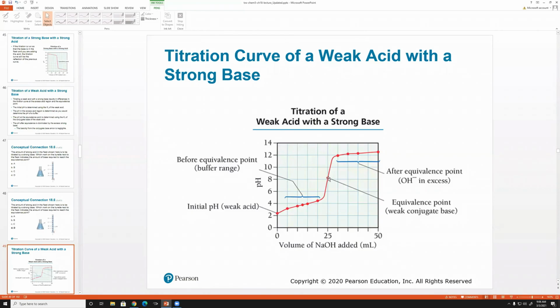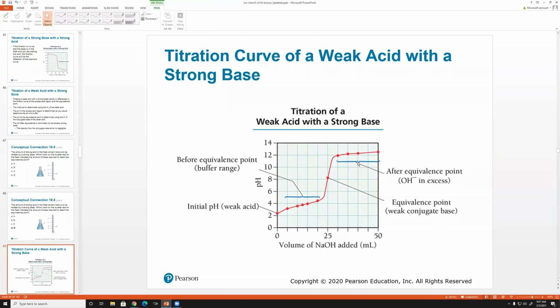And the equivalence point is going to be represented by the weak conjugate base amount, because at this point, every single molecule of the weak acid has been titrated with a strong base. What's remaining from that weak acid is its conjugate base. From that conjugate base amount, we can determine the pH using the Henderson-Hasselbalch equation.